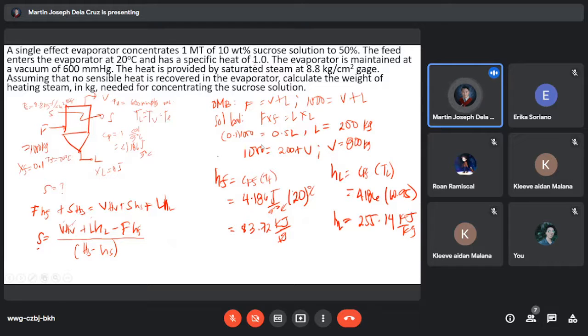And take note, class, that sometimes Kelvin is given, but here it should be in degrees Celsius.